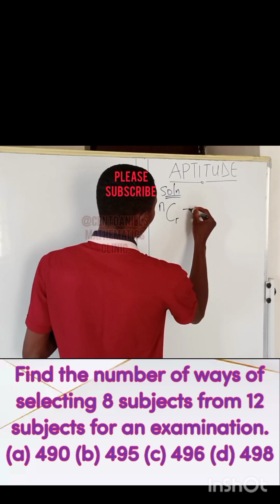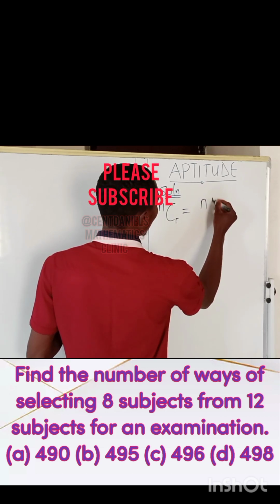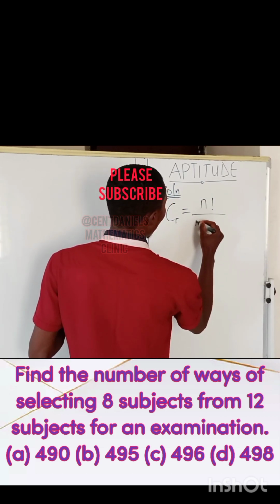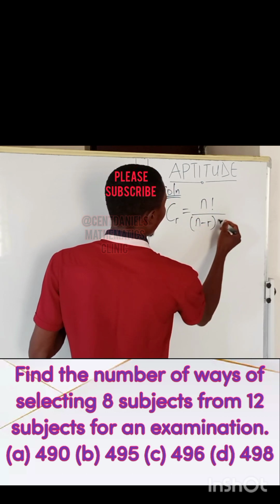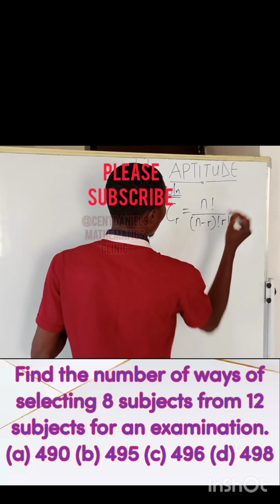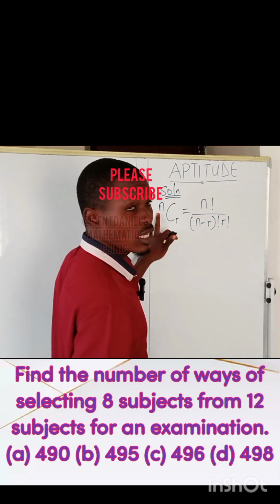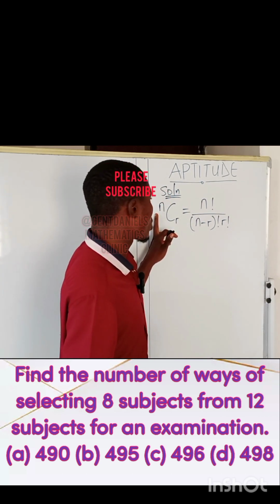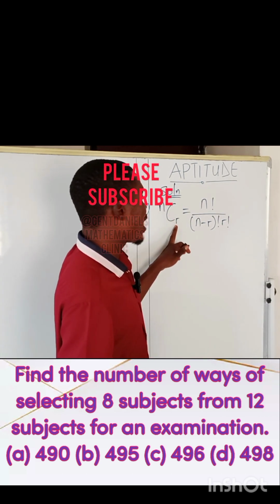And this we know to be n factorial over n minus R factorial times R factorial, right? N here in this case stands for 12 subjects, and R is the 8 subjects.